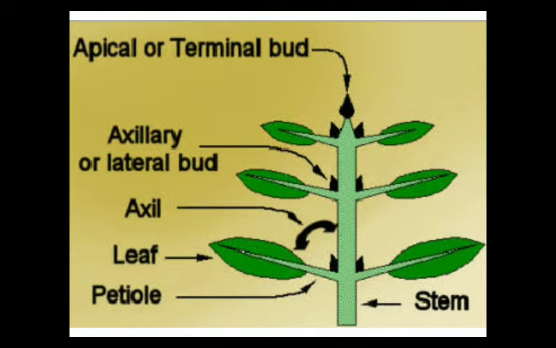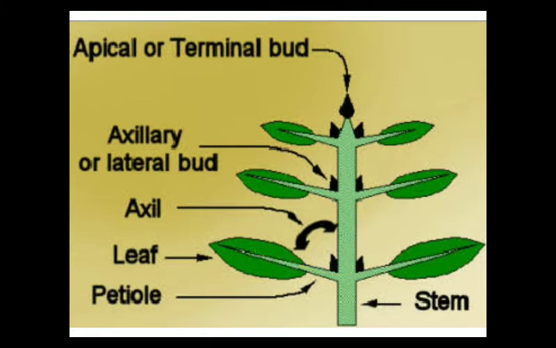Buds are also of two types: the first is the axillary bud, and the second is the terminal bud. First we'll discuss the axillary bud. Axillary buds are those buds which arise from the axil. There is an angle between the stem and this leaf.